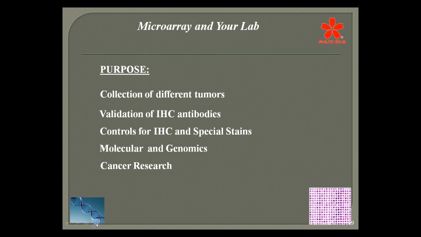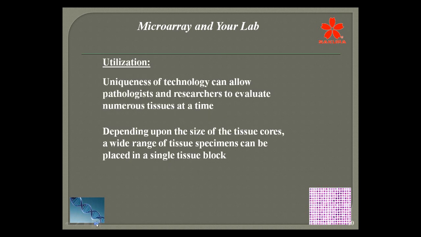The purpose then is the collection of different tumors, validation of IHC antibodies, controls for IHC and special stains, molecular and genomics, and cancer research. And particularly the last two are of high importance today in our laboratories, and the use of TMAs are very handy for this.